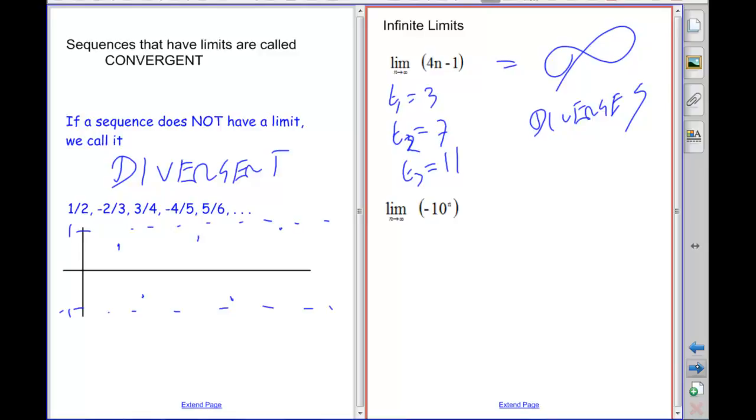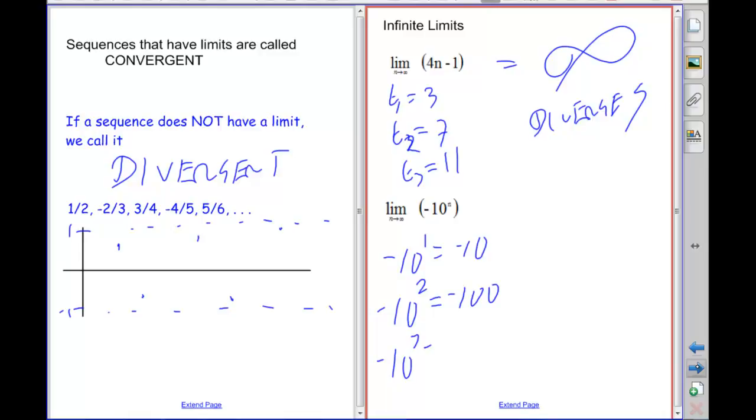Just because n is approaching infinity doesn't mean the limit has to approach something and converge. These diverge. So now here with negative 10 to the n, remember this is negative 10. Negative 10 squared is negative 100. The squaring happens first and then the opposite multiplier.